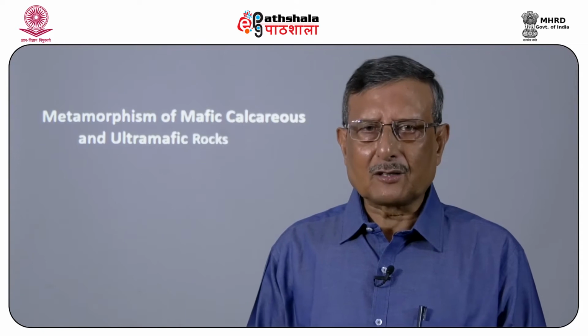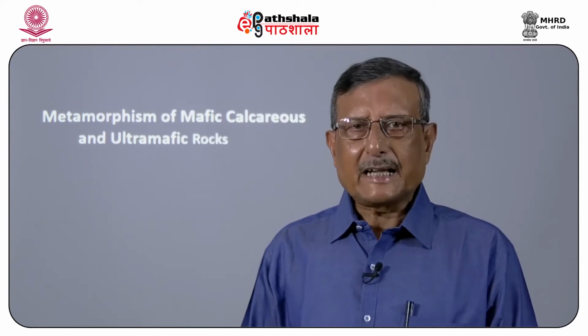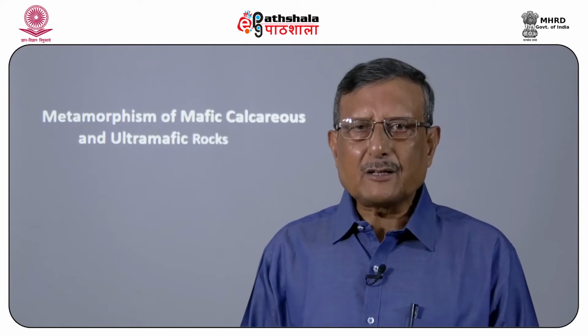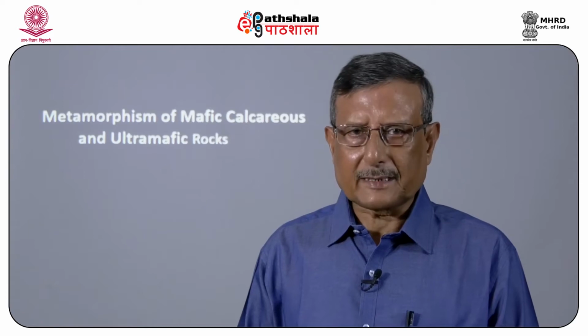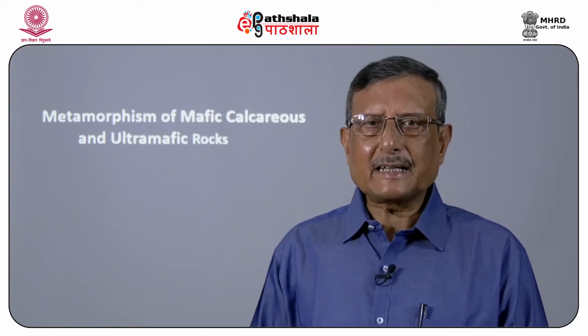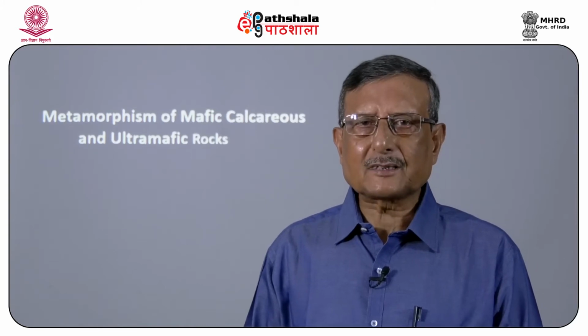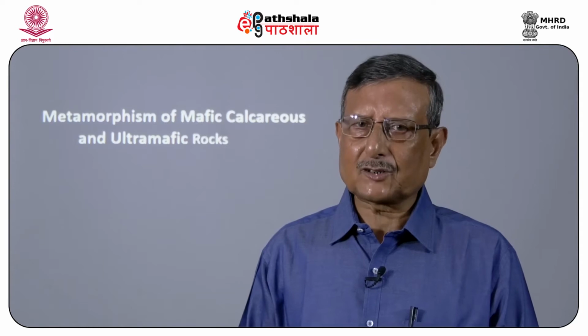Now, you may recall the difference between actinolite and hornblende. Actinolite is a non-aluminous amphibole, hornblende is an aluminous amphibole. So, naturally, I can summarize by saying that amphibole becomes aluminous with increasing grade of metamorphism of mafic igneous rocks.